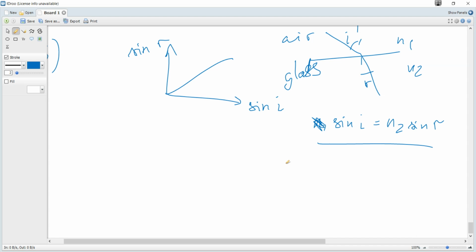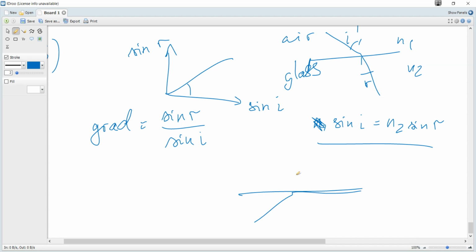And what is the question? They determine the gradient to be m, and the question is which of the following gives the critical angle of the glass. So gradient, it's sine R over sine I, and how do we find the critical angle?